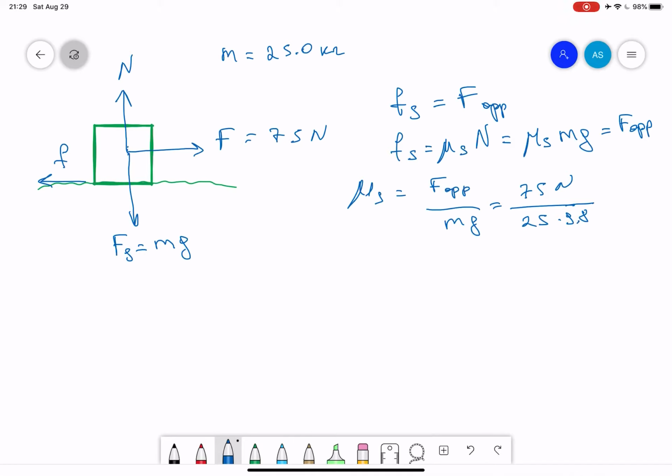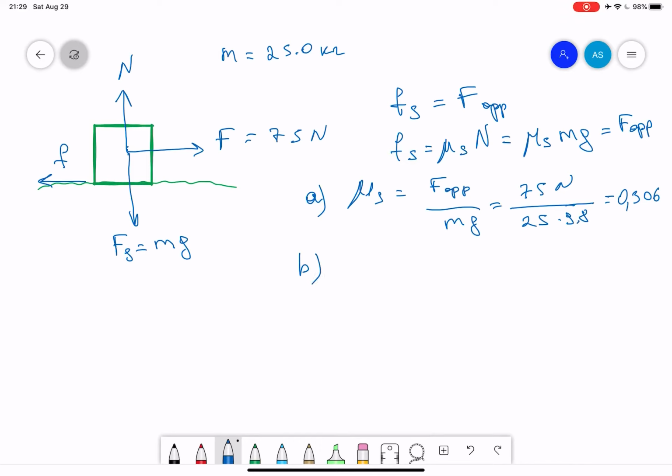So if you do the calculation, 75 divided by 25 times 9.8 is equal to 0.306.